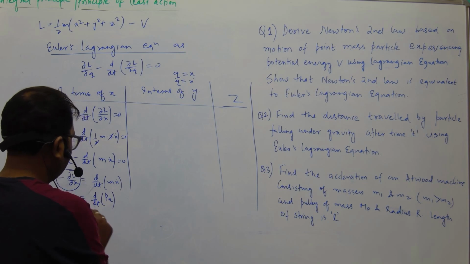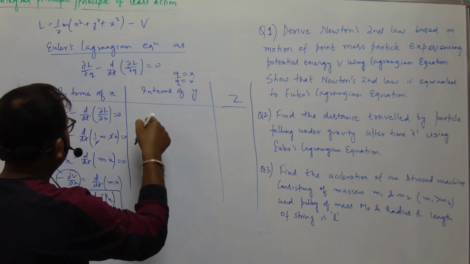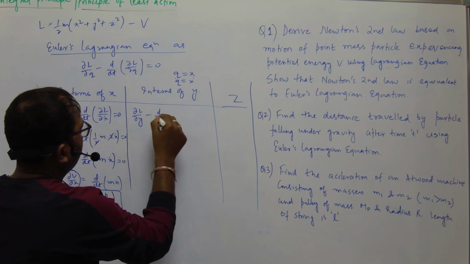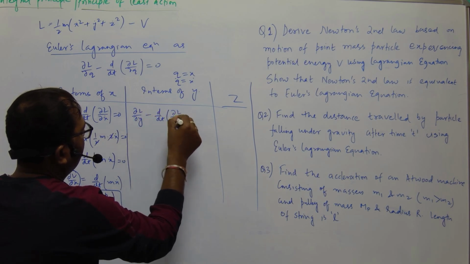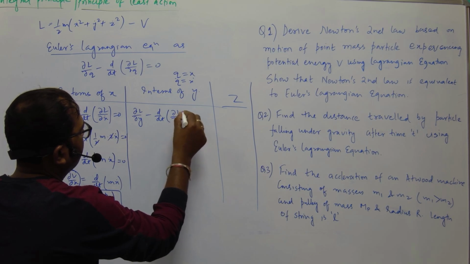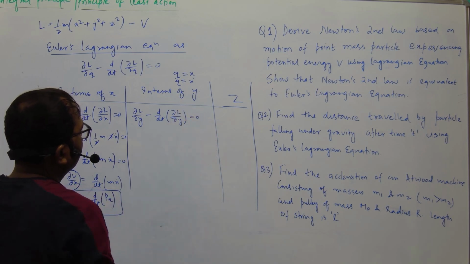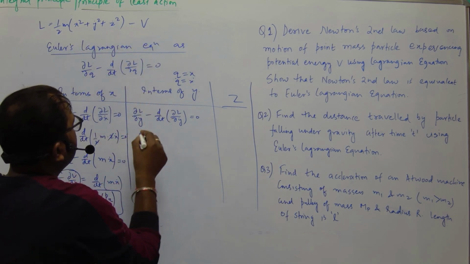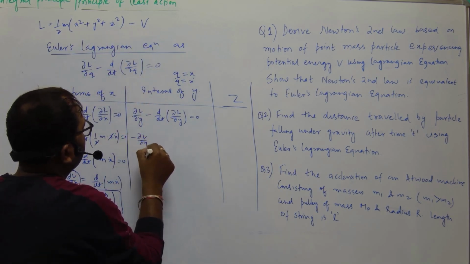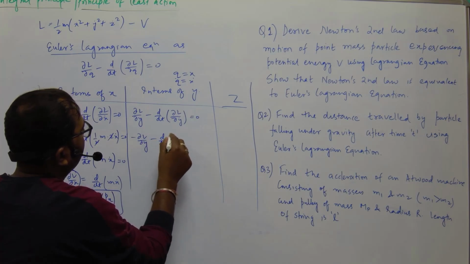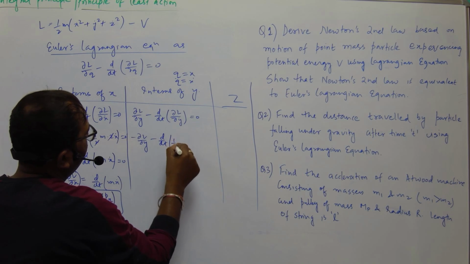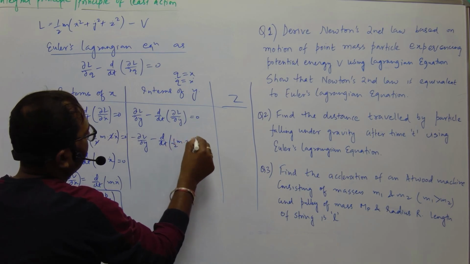Okay. Similarly, from here we have del L upon del y minus d upon dt of del L upon del y dot equal to 0. So del L upon del y, there is no term of y here. Only it will be minus del v upon del y minus d upon dt of del L upon del y dot. y dot is here. This is half of m into 2 y dot, equal to 0.